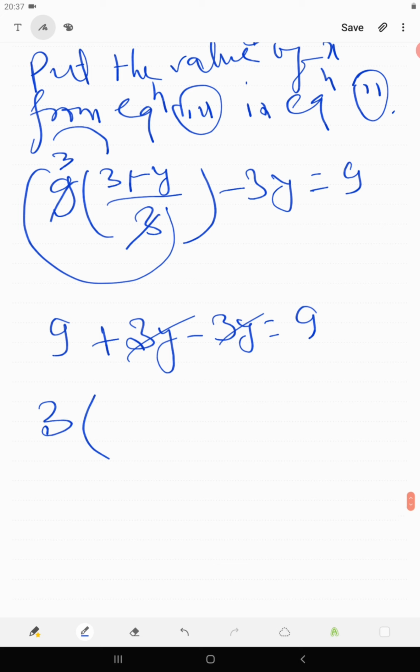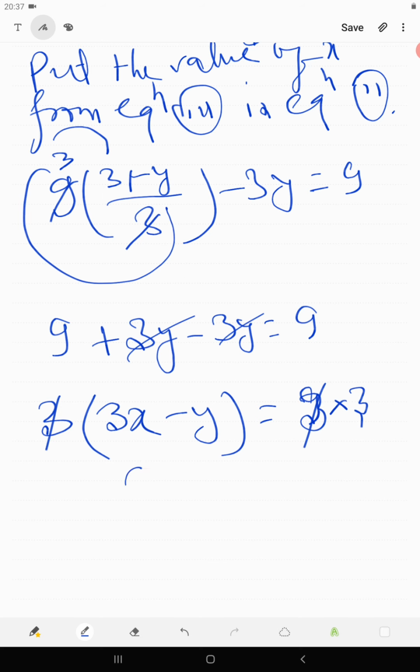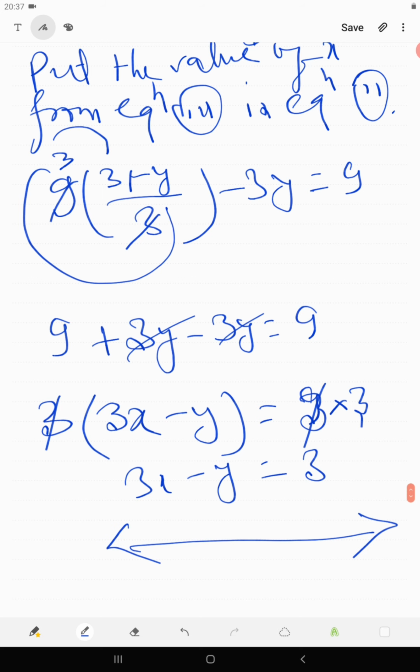You see this, 3 into 3x minus y. The second equation can be written as 3 into 3x minus y equals 9, and it's a multiple of the first. It's not a parallel line, but it's the same line, because this can also be written as 3 into 3 is 9. So 3 cancels out, and you are getting 3x minus y equals 3 only. So it's representing the same line. You remember, it's representing the same line.